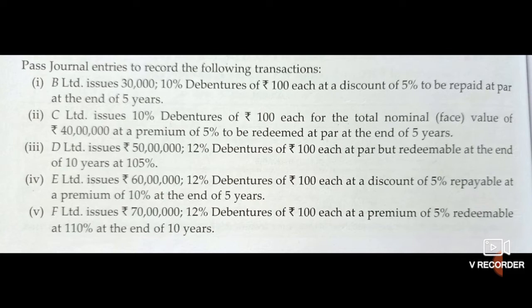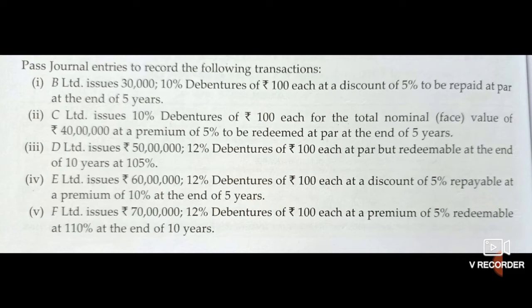Okay. Third, D Limited issues rupees 50 lakhs, 12% debentures of rupees 100 each at par, means number of debentures here will be 50,000. They are issued at par but redeemable at the end of 10 years at 105%. Fourth, E Limited issues rupees 60 lakhs, that is 60,000 debentures, 12% debentures of rupees 100 each at a discount of 5%, means at rupees 95, and repayable at a premium of 10%, that is at 110 at the end of 5 years.